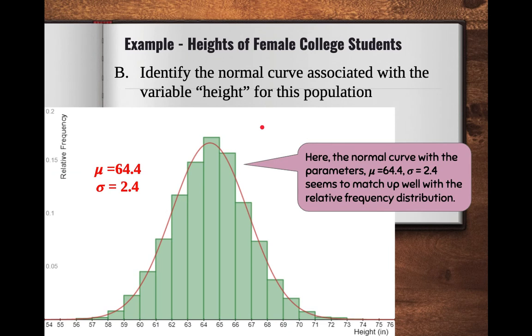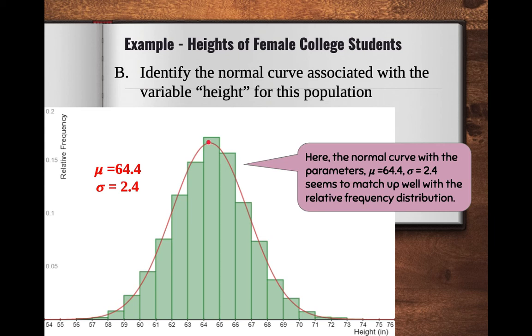If we take mu equals 64.4 and sigma equals 2.4 and graph that normal curve over top of this histogram, you notice that this matches up pretty well.